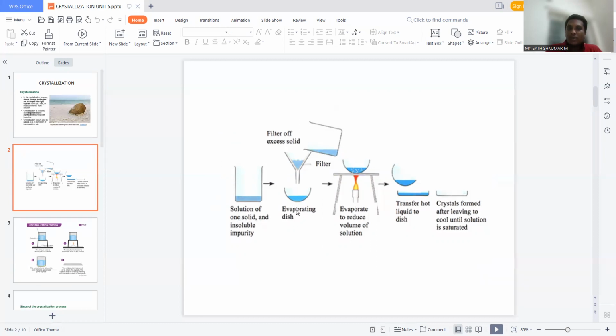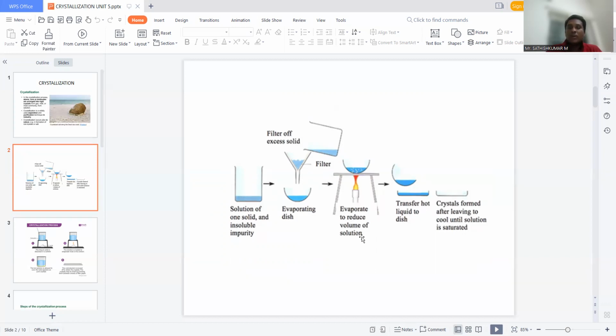The evaporating dish is placed under direct or indirect heat to evaporate and reduce the volume of the solution, giving a concentrated solution. Sometimes the crystals form after leaving it to cool, or until the solution is saturated.